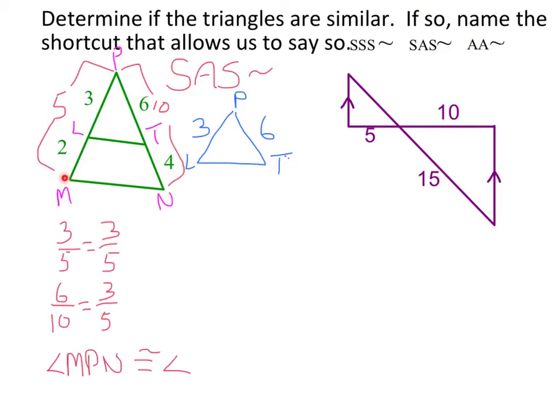I just went M, P, N. And we're going to do the same thing over there. We're going to go L, P, T. Just L, P, T. That way it's the same thing right here. So now that we have ratios that are the same, and we have congruent angles, we have a shortcut, SAS.